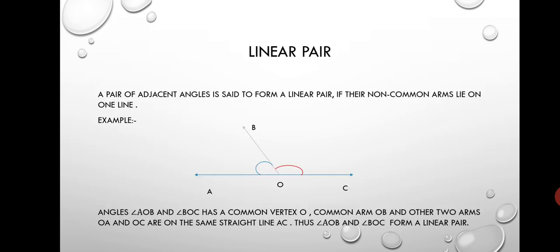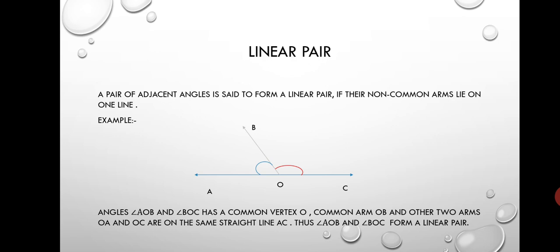Linear pair. A linear pair is a pair of adjacent angles whose non-common arms lie on a line. It means linear pairs are adjacent angles, so they fulfill all the conditions of adjacent angles, but they also have to fulfill one more condition, that the non-common arms lie on one line.